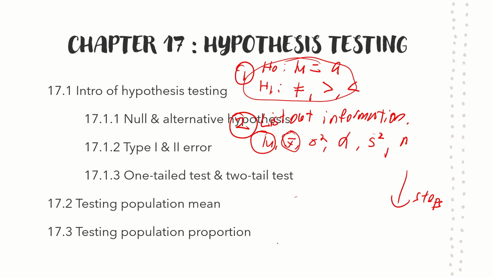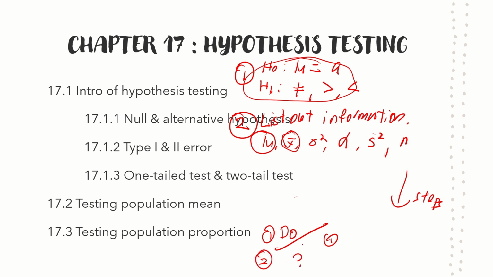And also the final conclusion. If your conclusion luckily matches the correct answer, maybe the correct answer is do not reject, and you also get do not reject, then you will get the mark for the conclusion.